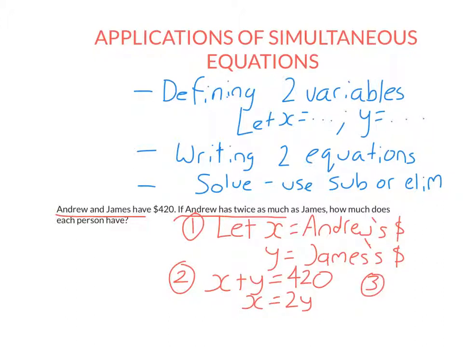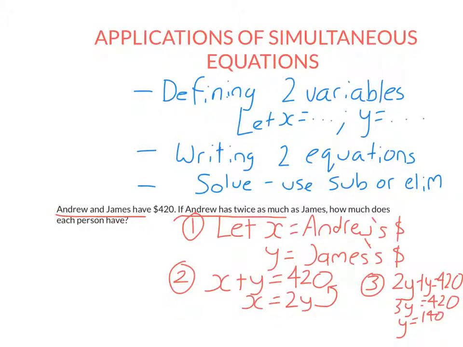So remember, substitution method, I'm just going to substitute the second into the first. So I'm going to take the first equation and replace x with 2y. So I get x, which is 2y, plus y equals 420. So 3y equals 420, you know how to solve these. Divide by 3, I get y is 140.